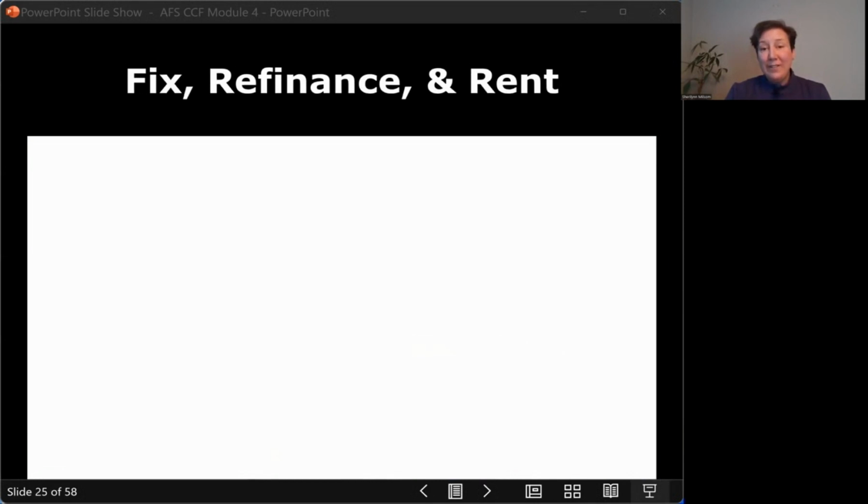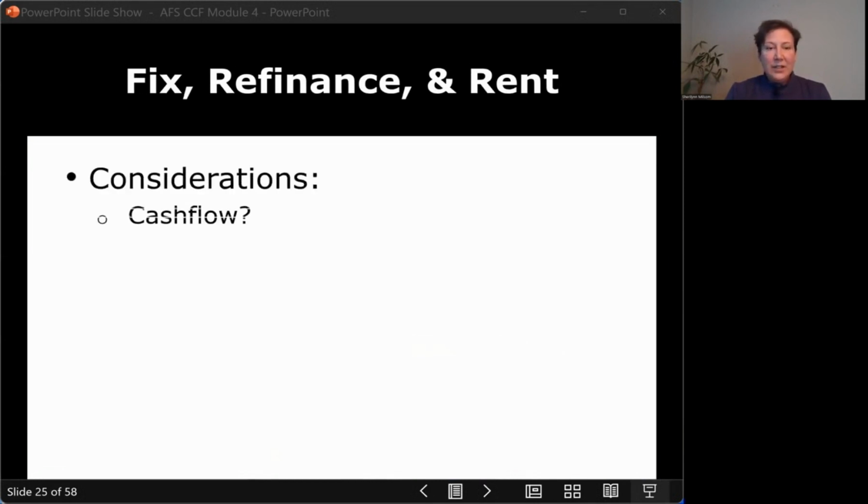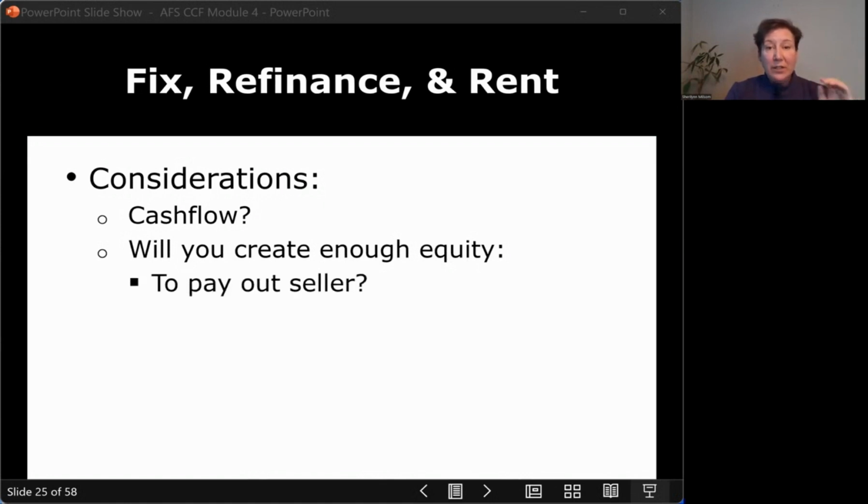Now, to fix, refinance, and rent, your considerations there, again, are going to be cash flow because now you're going to do the fix, you're going to refinance on the higher value. That's going to make your mortgage payments bigger, most likely. And will this fix create enough equity? Because you would want to have enough equity to pay out your seller if they had a cash portion of equity.